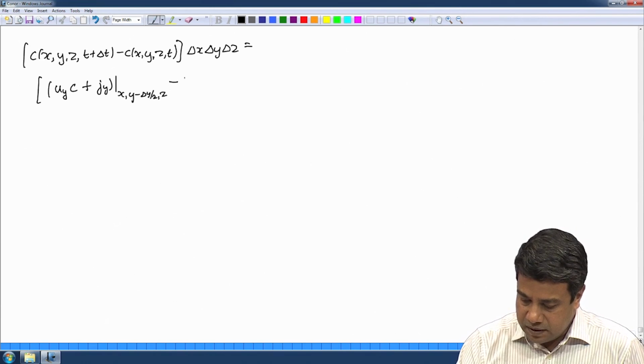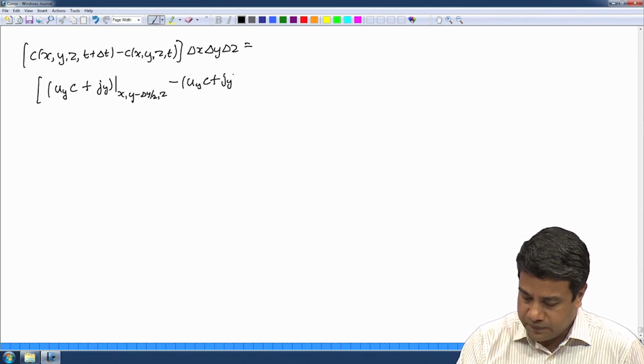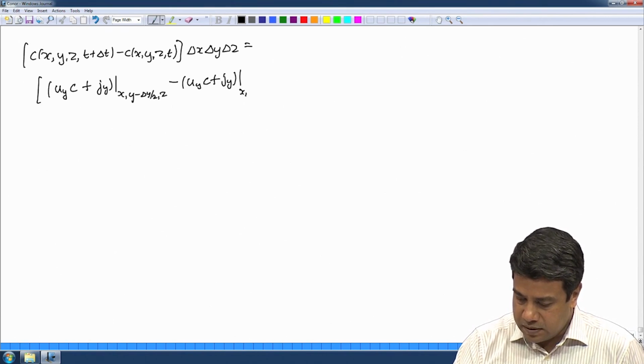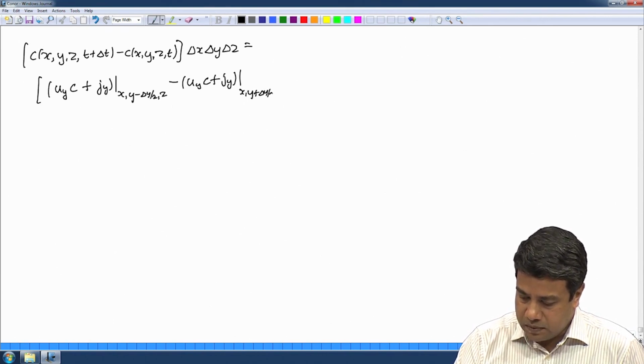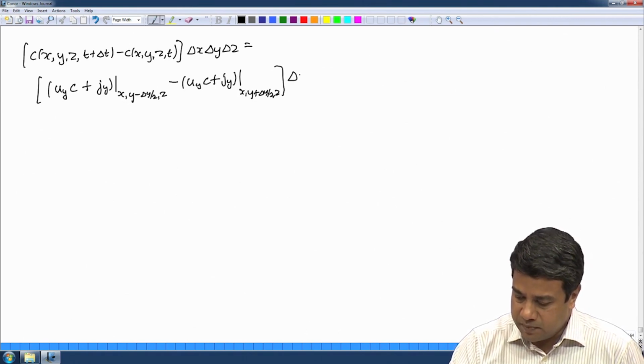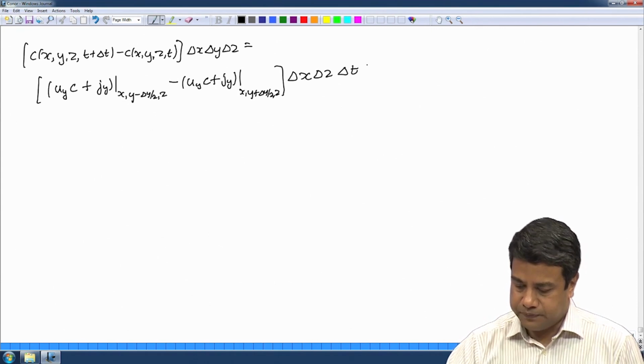The flux leaving is uy c plus jy at x, y plus delta y by 2, z. The whole thing has to be multiplied by the perpendicular area delta x delta z times time.